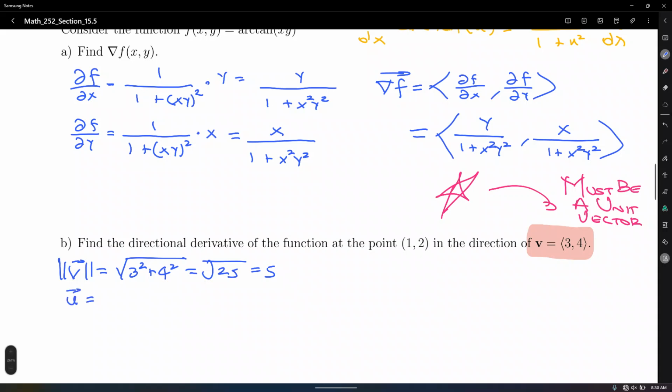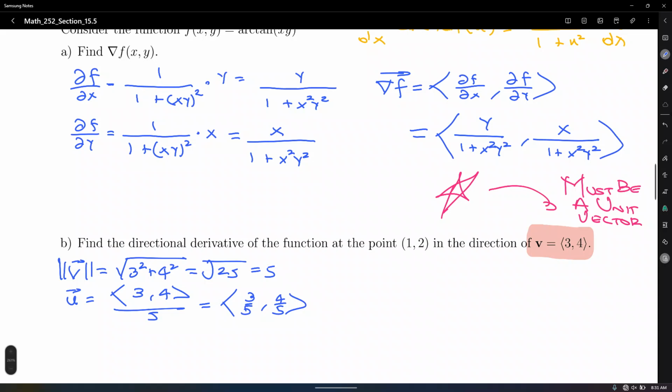That's the same u we see in the subscript of the directional derivative notation. That is (3, 4) over 5. That's simply 3/5, 4/5. So that is our unit vector in the direction in which we're going to find the directional derivative.